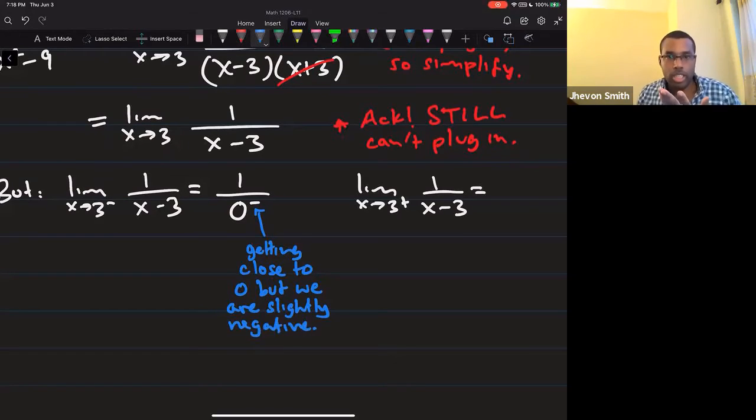Right, your denominator is going to get smaller and smaller the more you plug in like 2.9, 2.999, 2.99999. But whatever you're doing, if you're plugging in a value that's on the left side of 3 on the number line, if you take that number minus 3, you're always going to get a negative number.